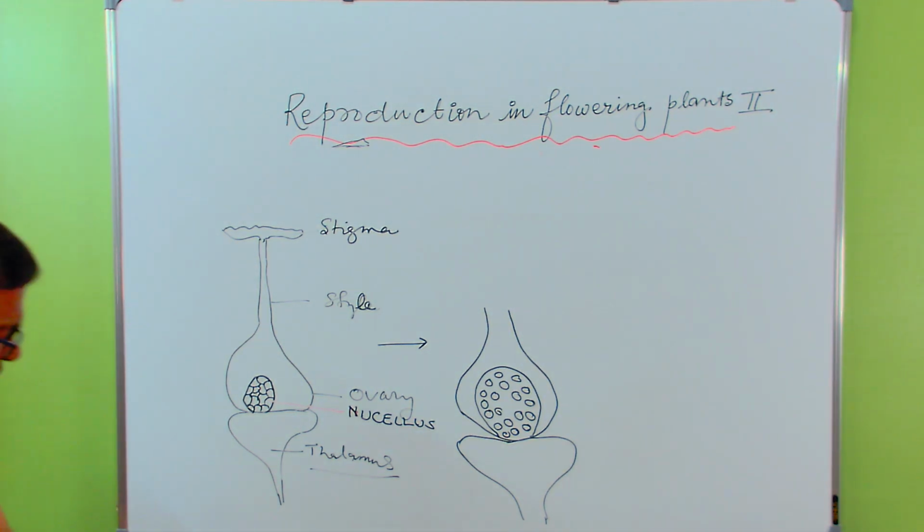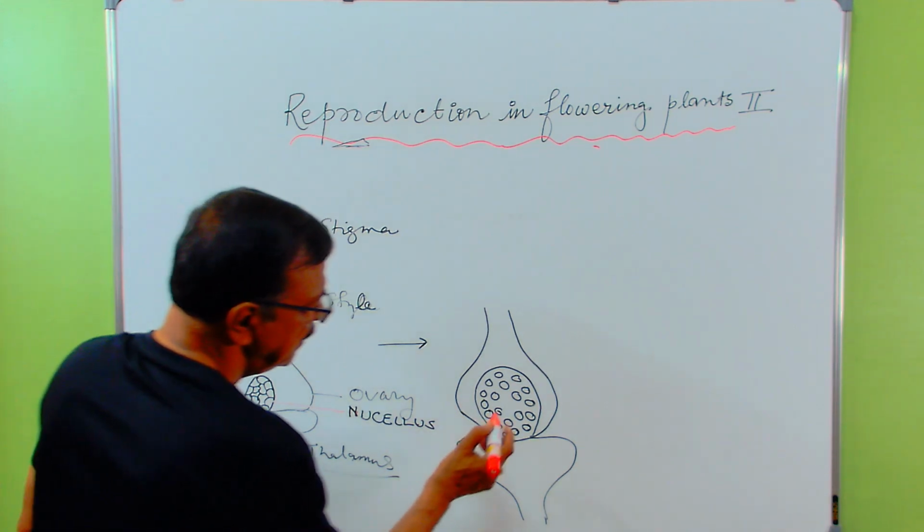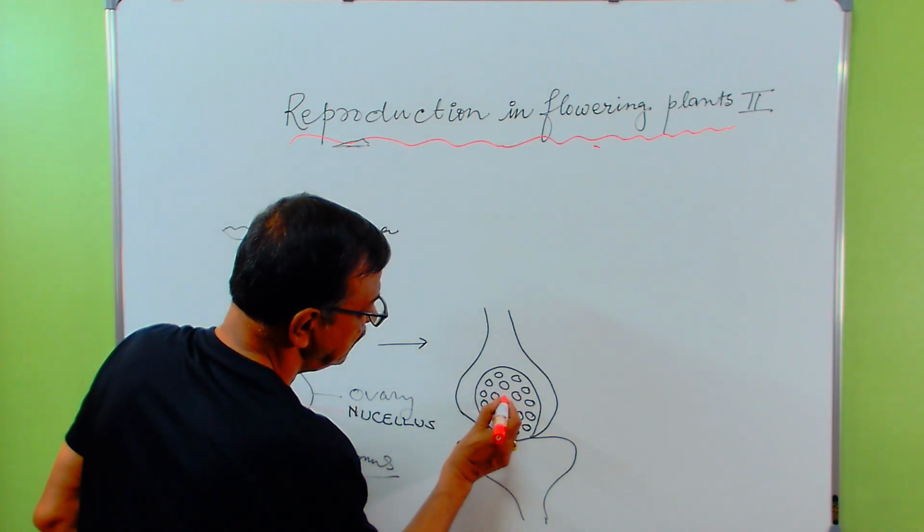A hypodermal cell of the nucellus enlarges and becomes a bigger one.